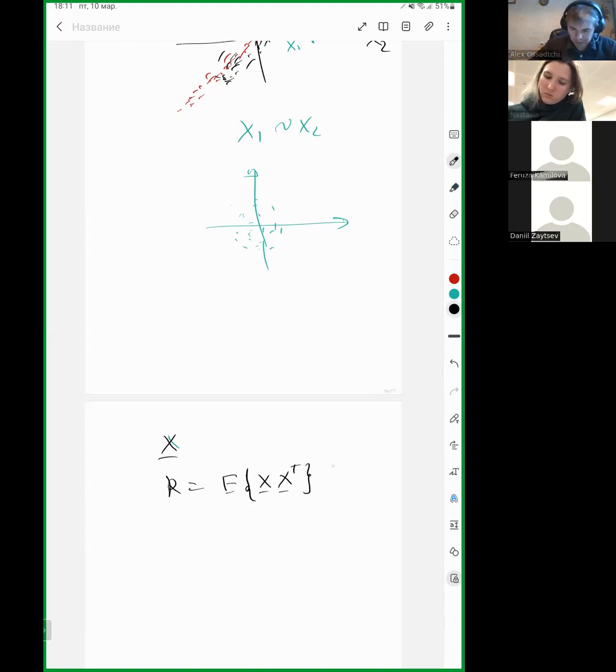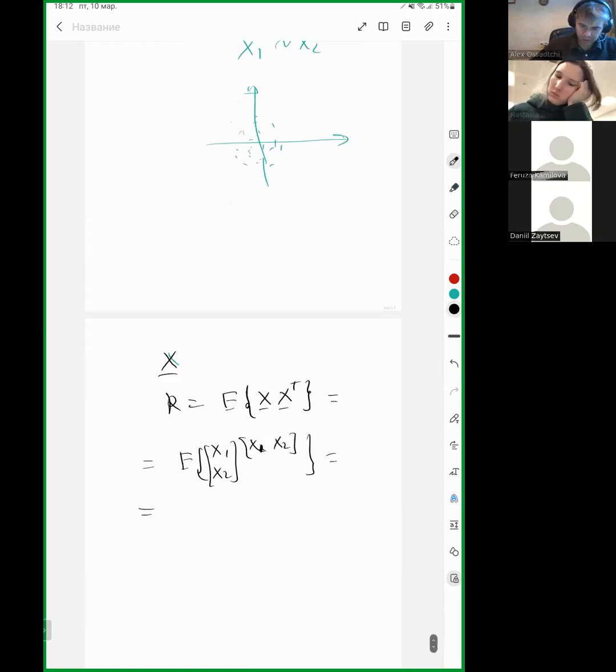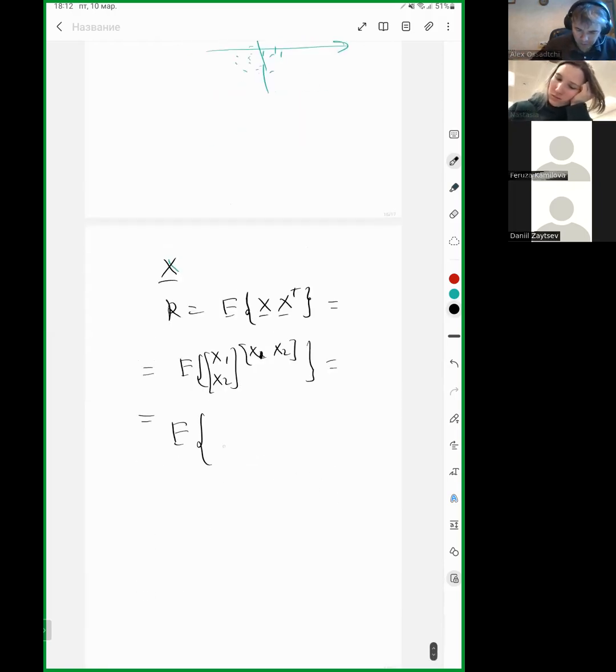So it is basically the mathematical expectation of (x1, x2) multiplied by (x1, x2), which is the expectation of x1 times x1, x1 times x2, x2 times x1, x2 times x2.